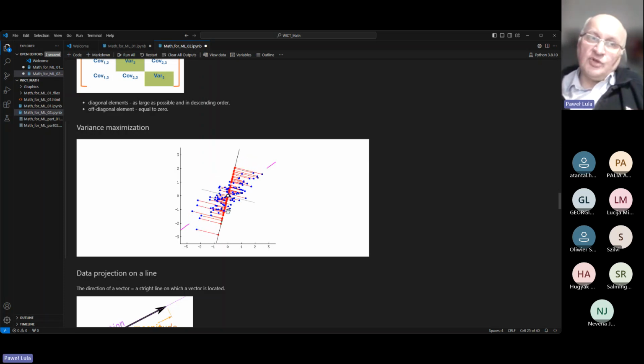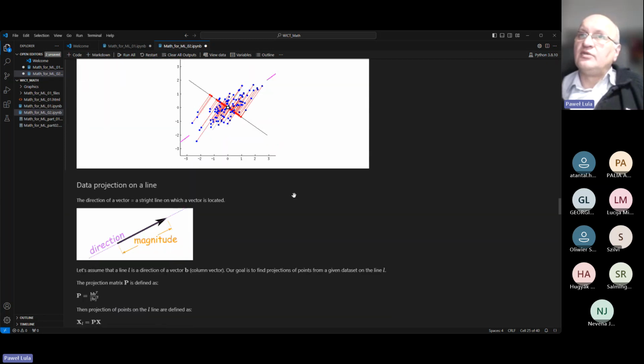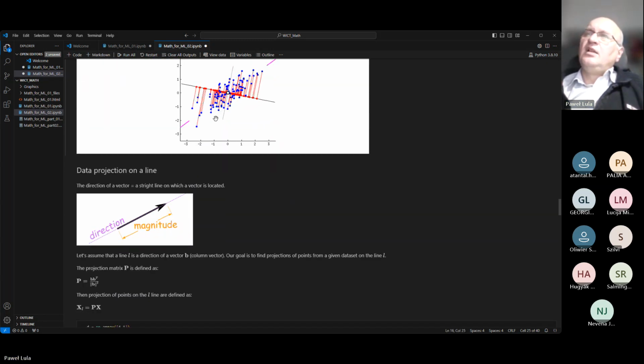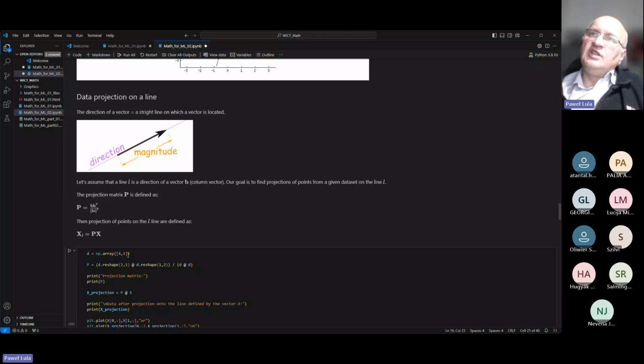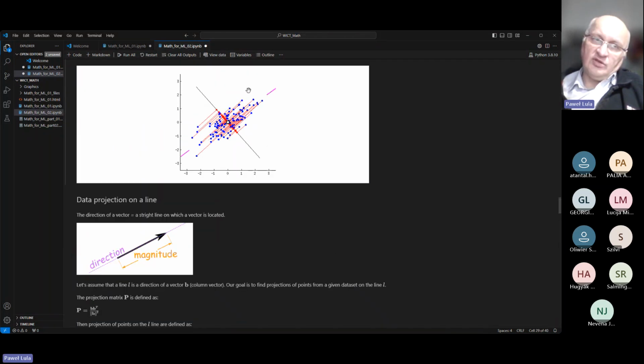We see how to do it, how to interpret it using this picture, but how to calculate it in practice. We can consider different positions of this axis. Let's assume that we have a vector, for example, vector D here, and we know how to draw a vector. And we can assume that this line which we have here is a direction of this vector.